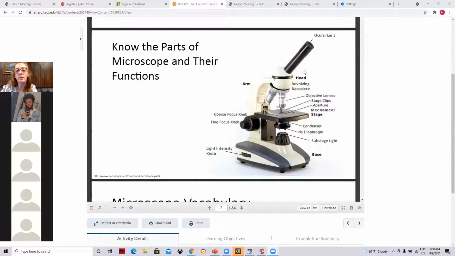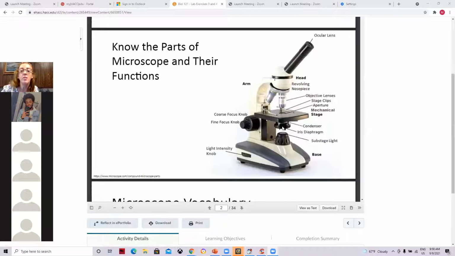So I have a head. I have a revolving nose piece that allows me to change the objective lenses. I have the aperture right here, which is the hole where the light comes through from the bottom. I have the light.